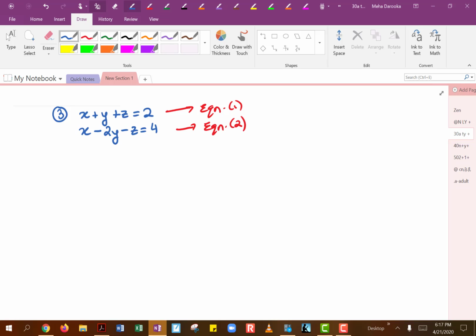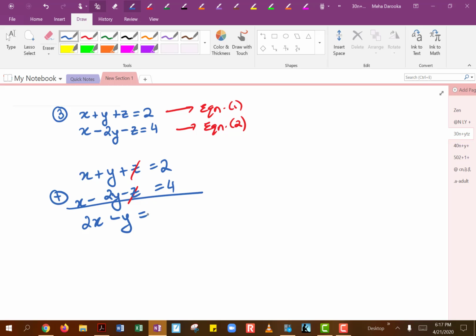Taking x plus y plus z equals 2 and x minus 2y minus z equals 4 and adding them, your positive z and negative z will cancel each other out, and we end up getting 2x, negative 2y plus y gives us negative y, equals 6.